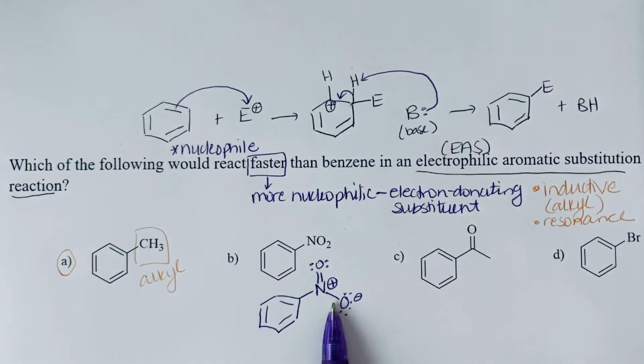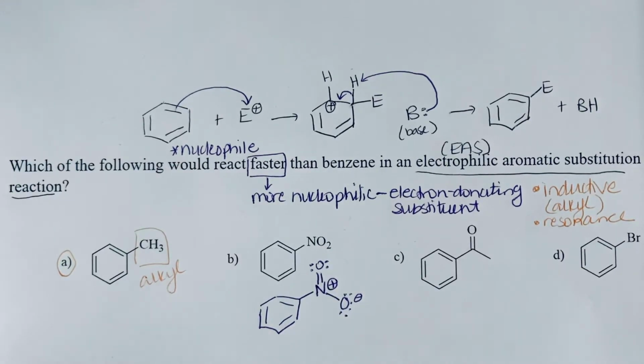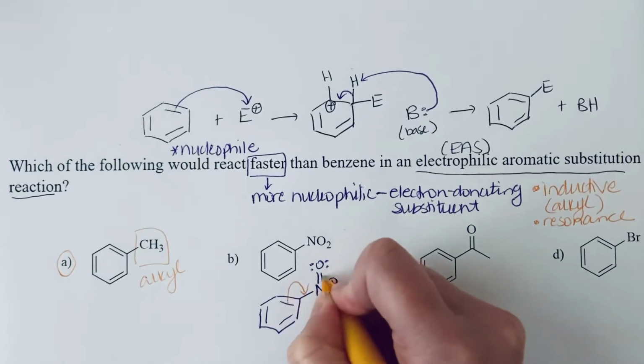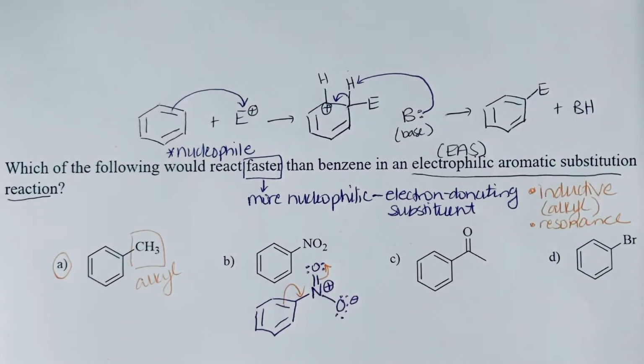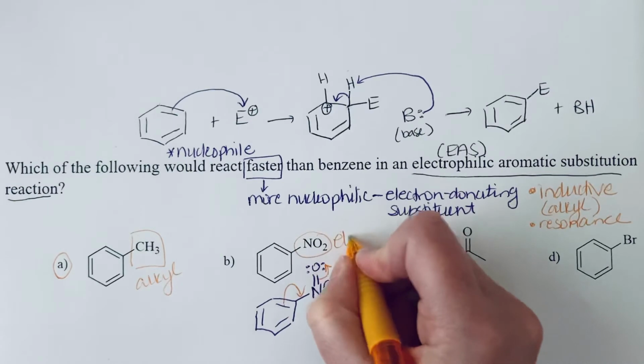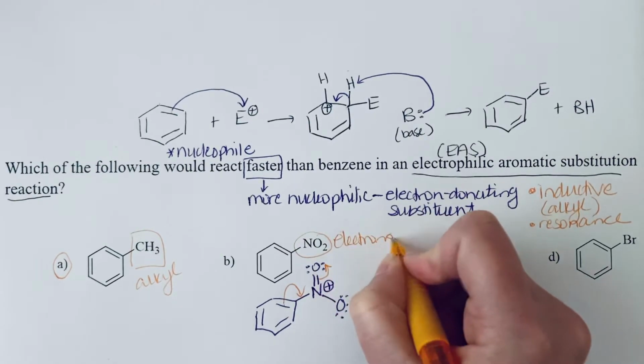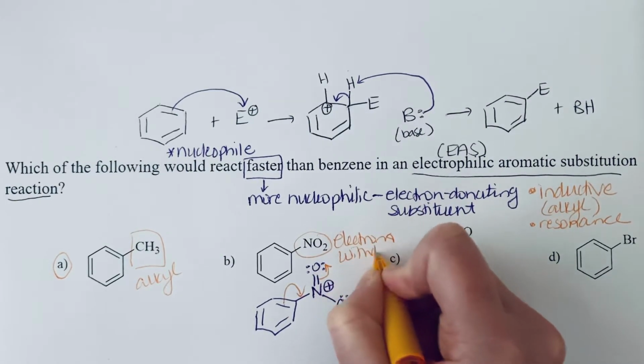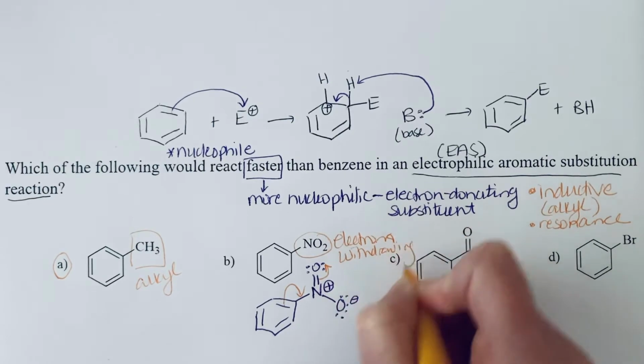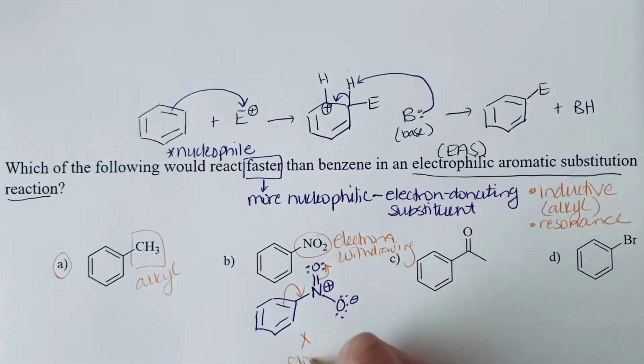So you could have the double bond here and the single bond here. It doesn't matter. So this is a very, very powerful electron withdrawing group because it can withdraw electrons through resonance. So this nitro group is electron withdrawing, which means this would go slower than benzene. It is less nucleophilic because we're pulling electrons out of the ring.